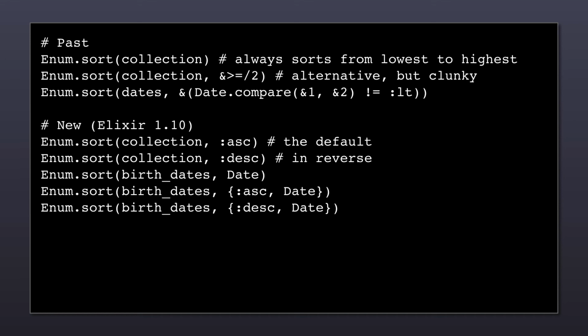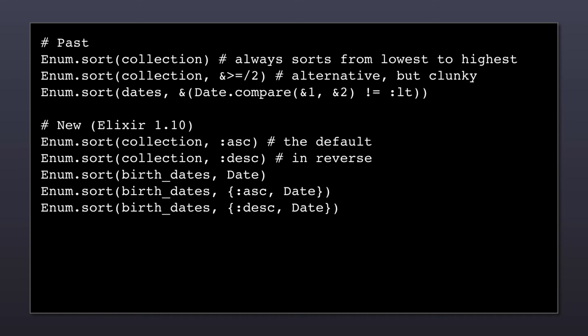It would use more of a memory address or something. And so the way you historically had to fix this, when using Enum.sort on a collection, was to pass a reference to the comparison operator that you should use, or a custom function. But in Elixir 1.10, they made improvements to sort.